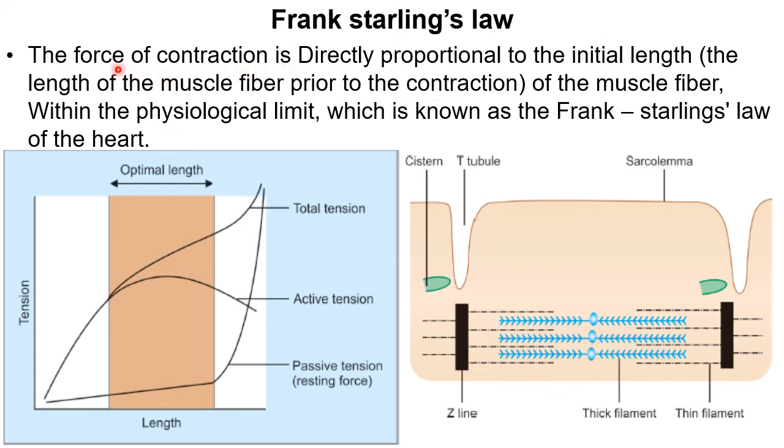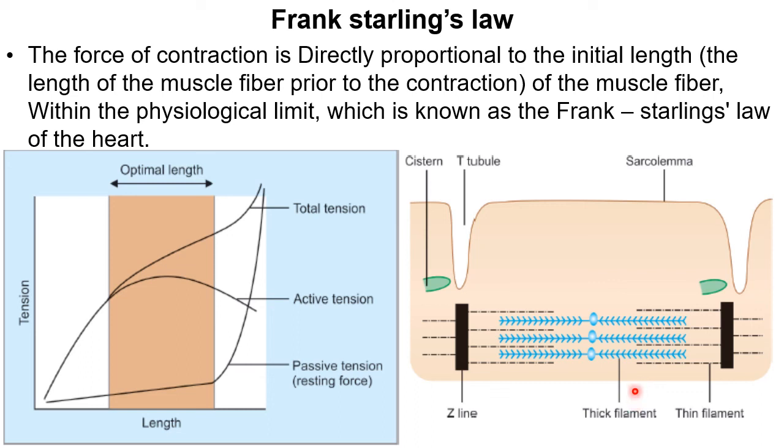That is, as the initial length of the muscle increases, the force of contraction or tension developed inside the muscle increases, within the physiological limits. Now, the initial length of the muscle for cardiac myocyte is decided by venous return, the amount of blood returned by the veins.